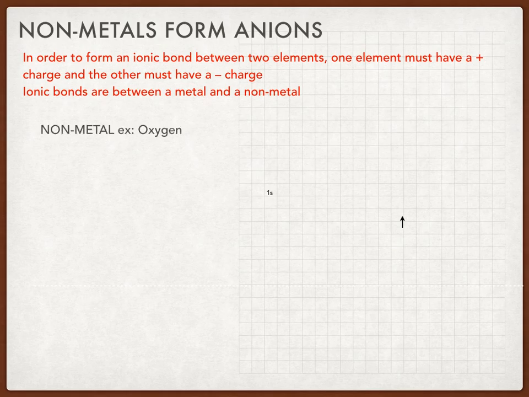So here's my nonmetal example, oxygen. Remember oxygen, 8p plus, that's 8 protons plus 8 electrons, that equals oxygen, right? When we look at this oxygen, it's charge neutral, meaning there's no charge around it. If there were a charge around it, it would be indicated, okay?